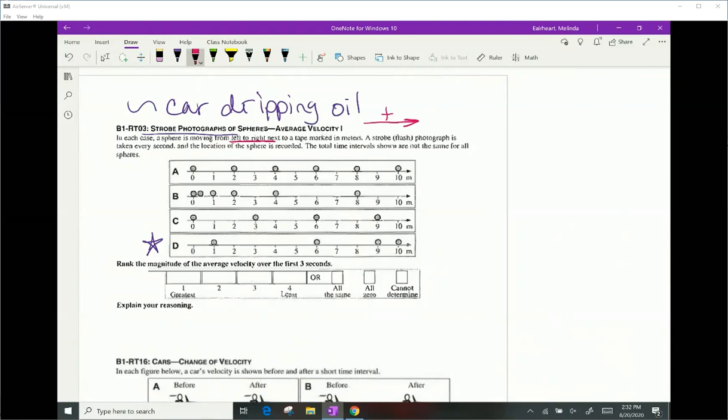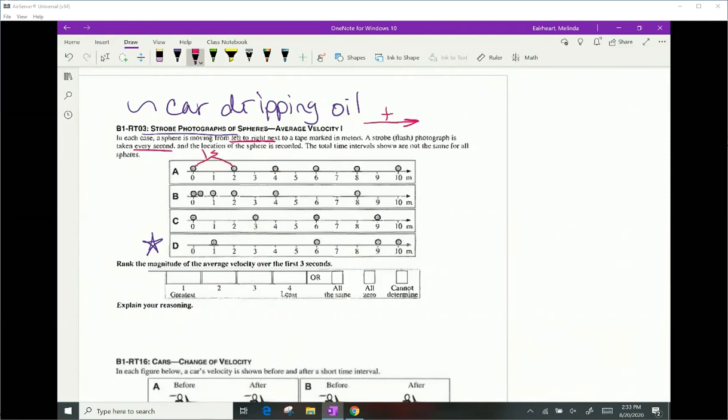A flash photograph is taken every second, and the location of the sphere is recorded. The total time intervals shown are not the same for all spheres. And so, you know, how to read these dot diagrams, where's 1 second? Remember, for 1 second to have passed, it has to go from one time to another. And so you can't just look at one ball.